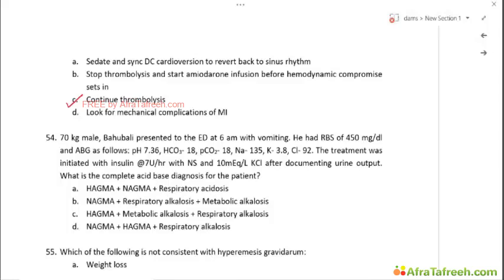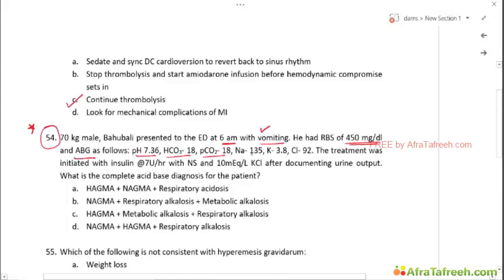So the next question is very important as far as your acid-base concepts are concerned. So we have got a 70-year-old male Bahubali who presents to the emergency at 6 a.m. with vomiting. It's too early in the morning, right? But he is symptomatic with vomiting. He has an RBS, random blood sugar, of 450, and the arterial blood gas is as follows: pH, bicarbonate, PCO2, sodium, potassium, and chloride.